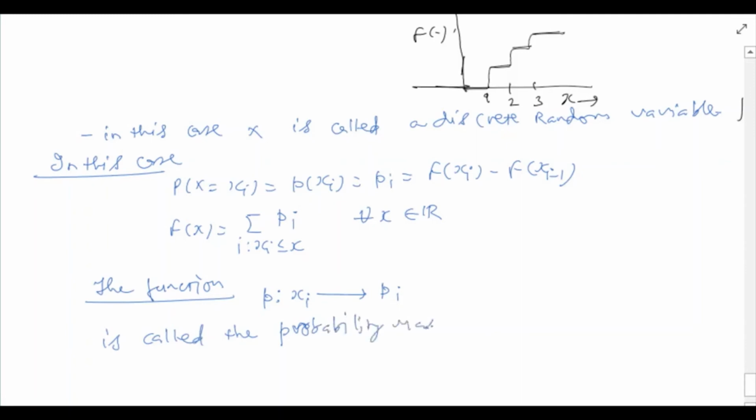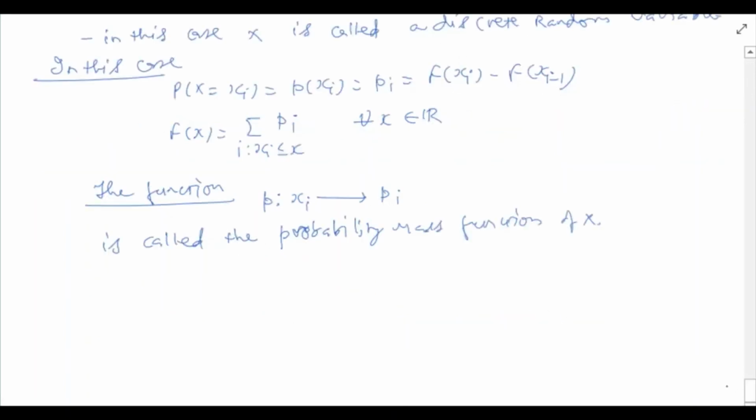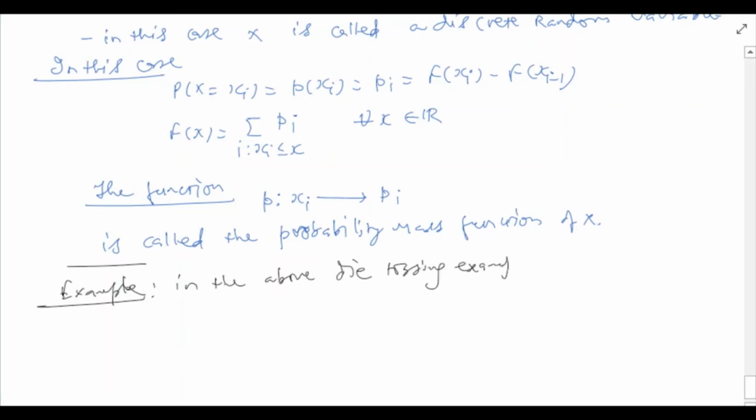For instance, in the above die tossing example, p will be a map from {1, 2, 3} to R, and p1 equals p2 equals p3 equals 1 by 3.